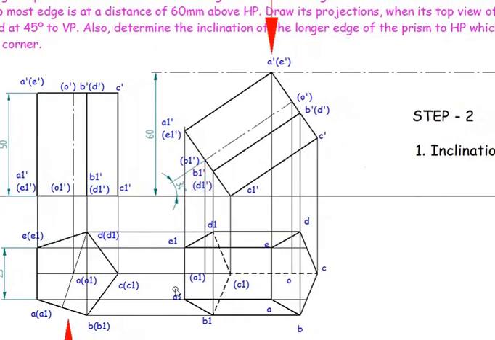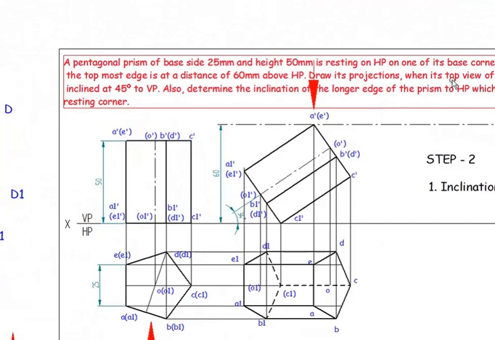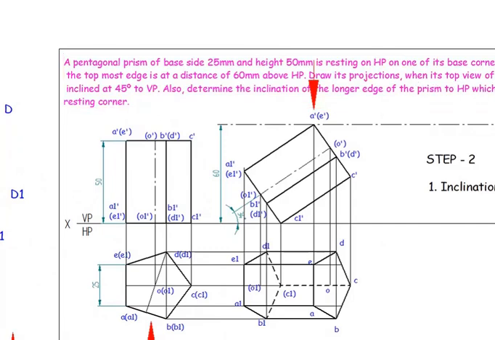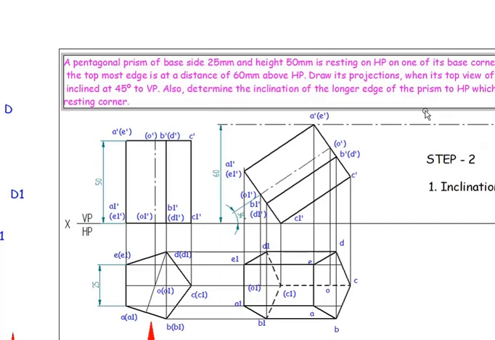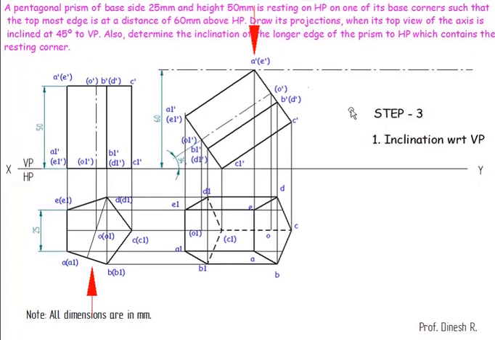In the second step we understood how to draw its top view. The next step is to draw its projections when the top view of the axis is inclined at 45 degrees to VP. Here the inclination with respect to VP is when the top view of the axis is inclined 45 degrees to VP.